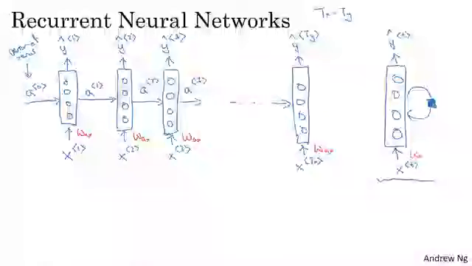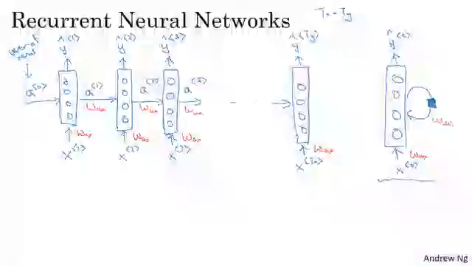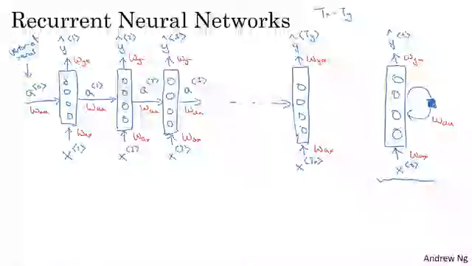I guess you could write W_ax there as well. And the activations, the horizontal connections, will be governed by some set of parameters W_aa, and it's the same parameters W_aa used on every time step. And similarly, there's some W_ya that governs the output predictions. And I'll describe on the next slide exactly how these parameters work.